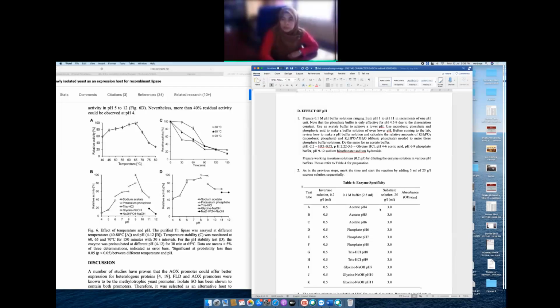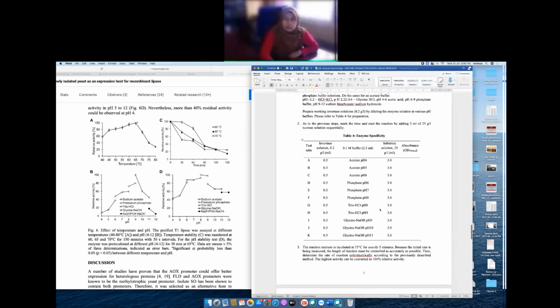So what we did basically in the lab manual, we have this range of pH from pH 4 until 11. The reason why we have different buffers is that each buffer has limits to reach a certain pH.